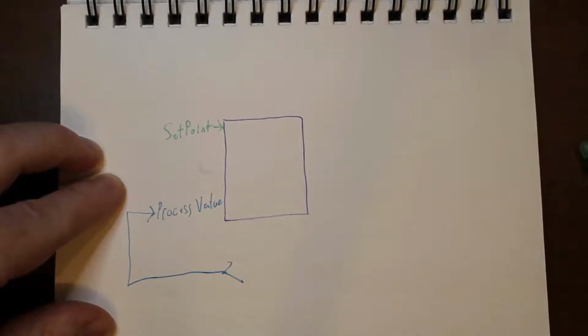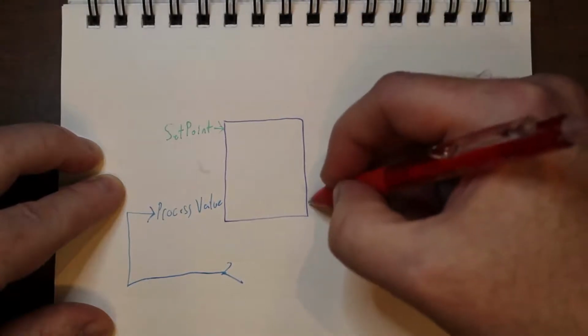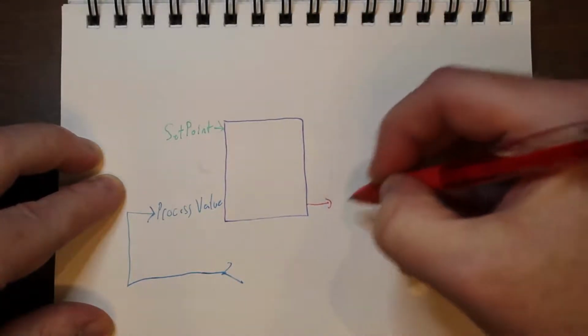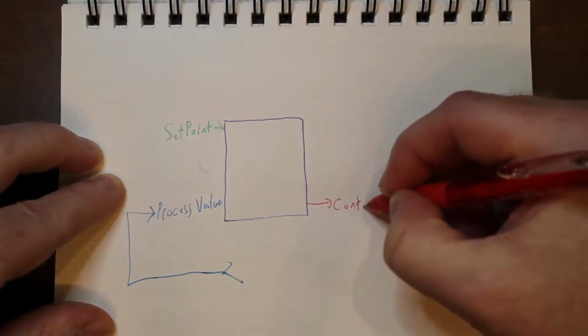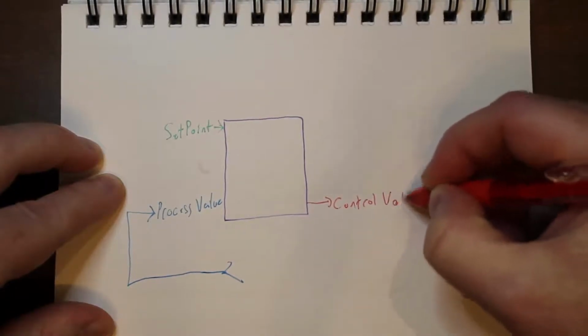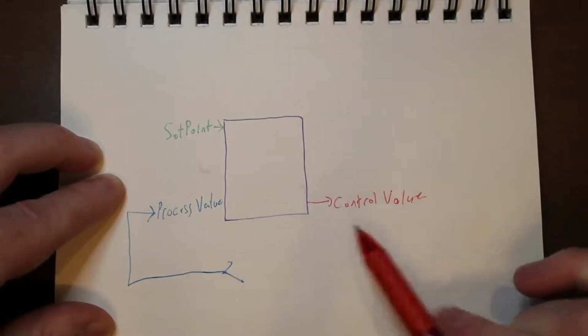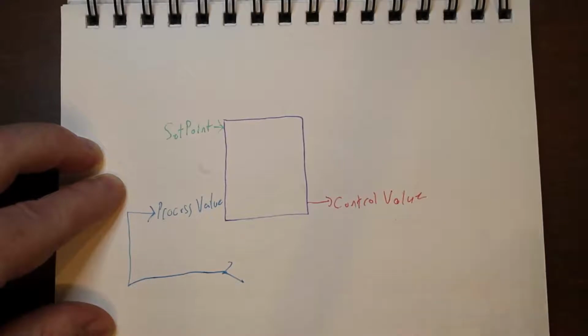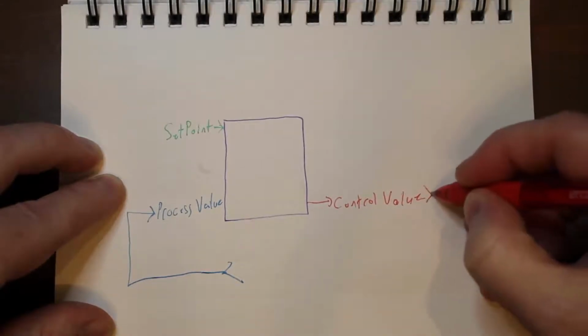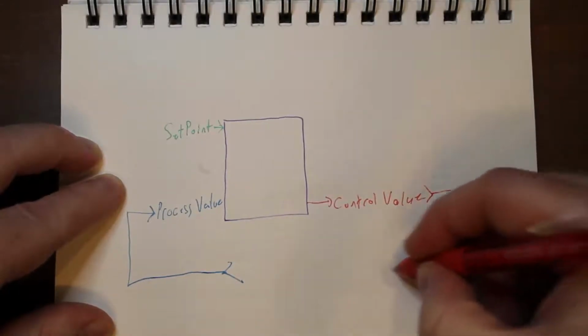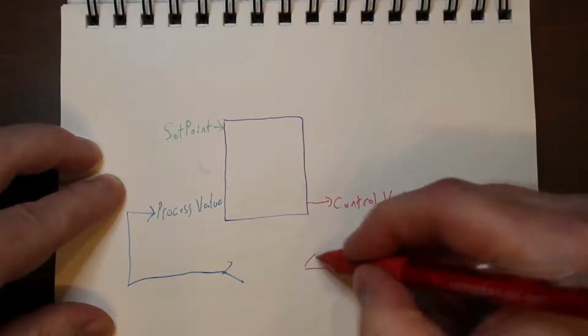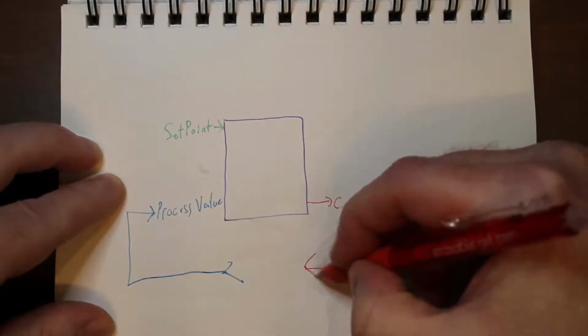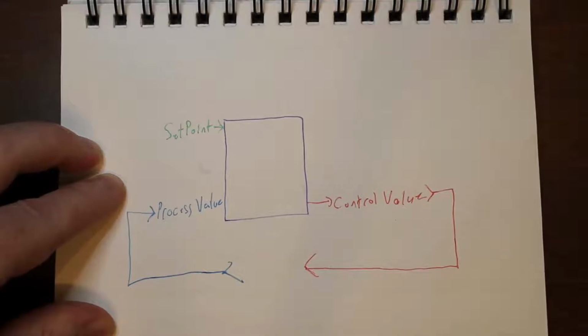The output to the system is your control value, shorthanded CV. This is what actually goes to a motor or a pump or a thermostat or a furnace, a gas supply valve, whatever it is that actually takes action on the plant.